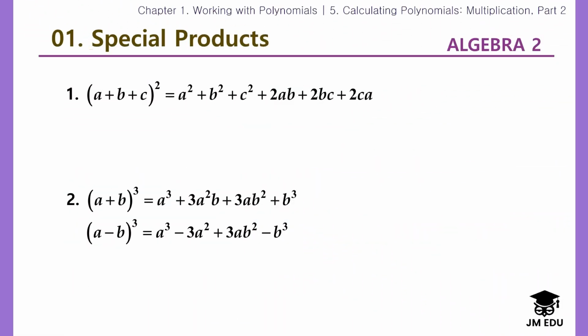In this video, we're going to talk about special products. The first one, (a + b + c) squared. That's a trinomial square, right?